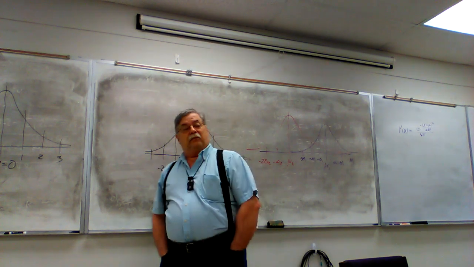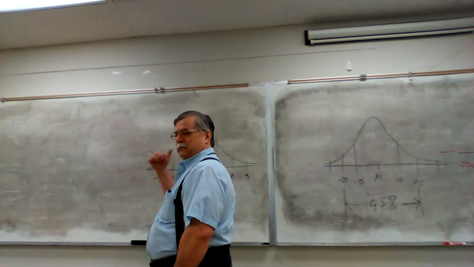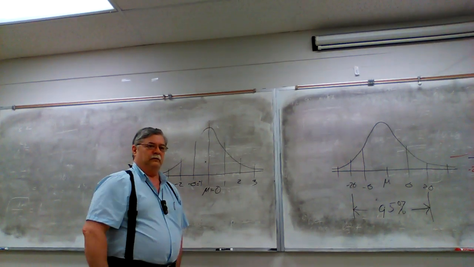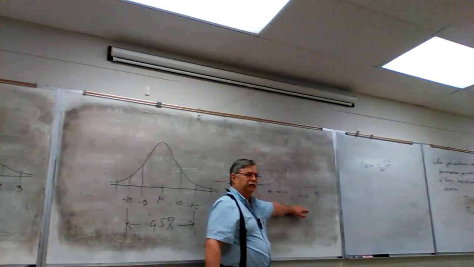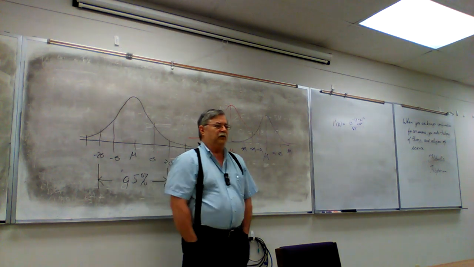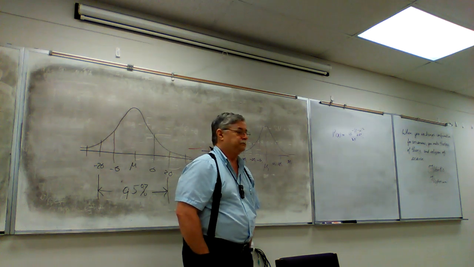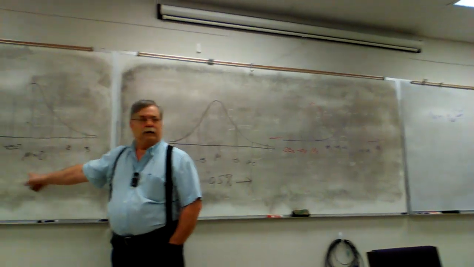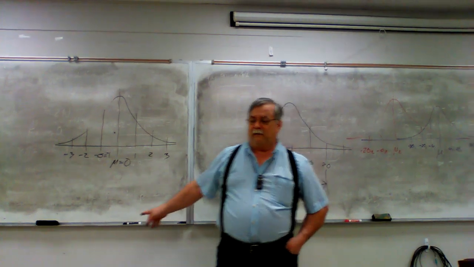But before we invented these super fast portable computers, they invented this instead, the standard normal distribution. So if you have this specific normal distribution, and you want to know what percentage of the population is above or below a particular value of x, you just turn that value of x into a z-score and look it up on the standard normal distribution. That's the table.